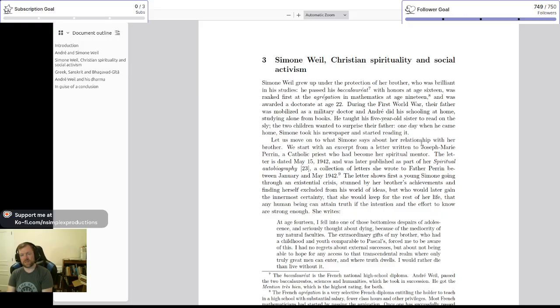The letter shows, first, a young Simone going through an existential crisis, stunned by her brother's achievements and finding herself excluded from the world of ideas, but who would later gain the innermost certainty that she would keep for the rest of her life, that any human being can attain truth if the intention and the effort to know are strong enough.